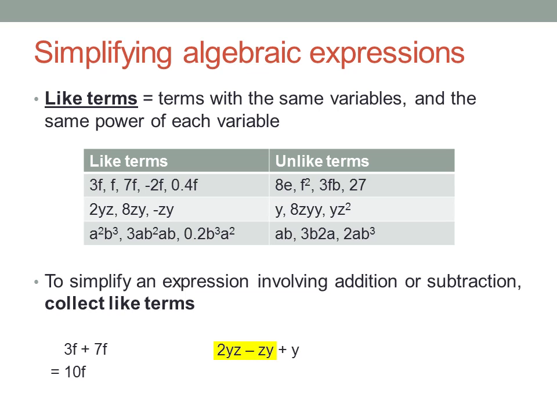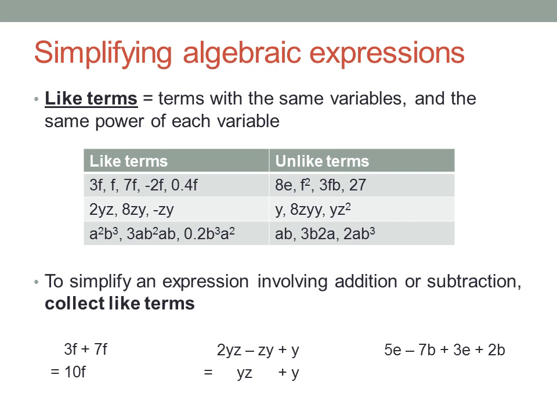What's the coefficient of the second one? It's 1. So 2yz minus zy is just 1 yz. And the y has no other like terms, so we have to just leave it alone. yz plus y. See? It's simpler than what I started with.